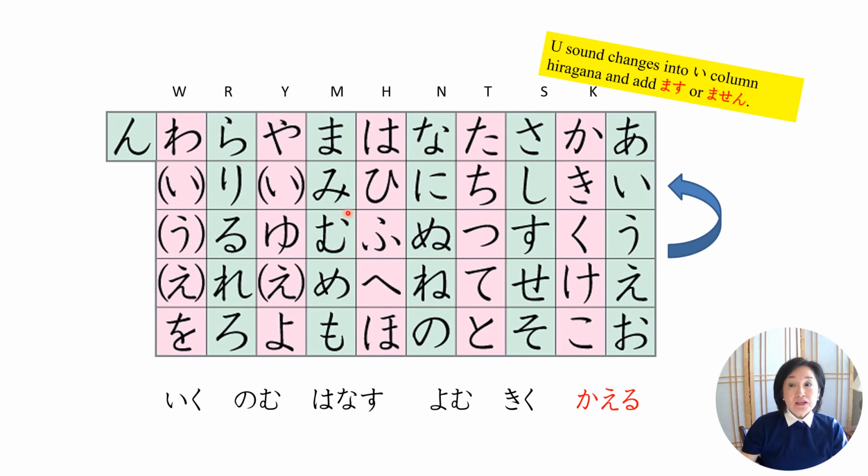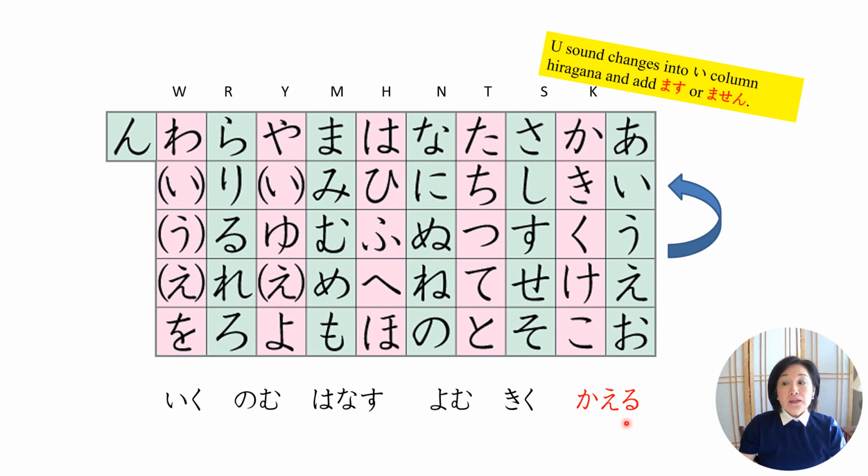So you'll be 読みます。読みません。How about this verb? 聞く means to listen. Tell me polite form affirmative for this verb. はい、聞きます。And negative is 聞きません。いいですね。Now, how about this one?